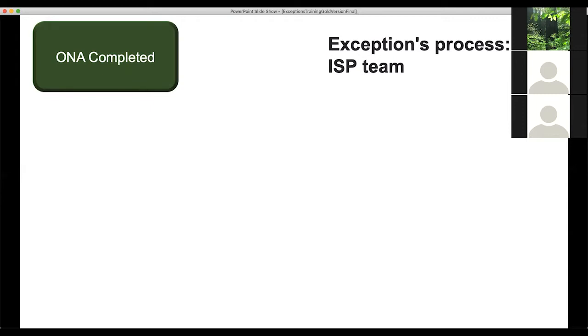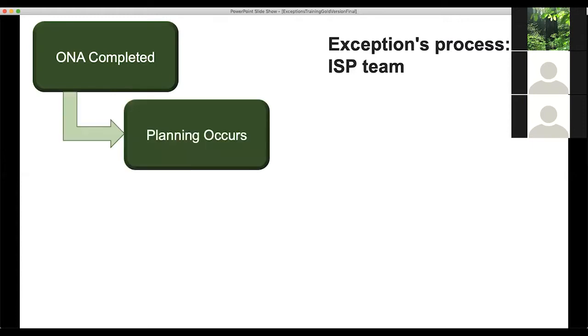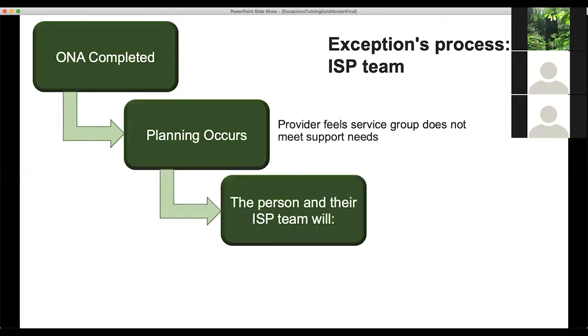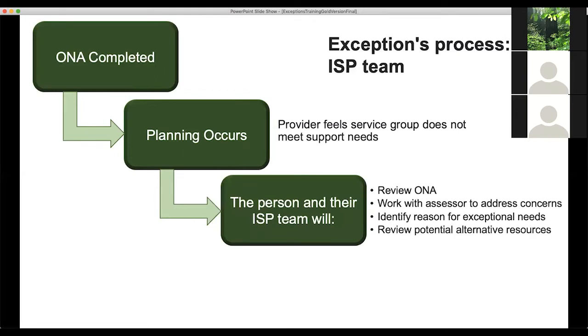Once that's affirmed by the team and they're looking at that planning component, we're saying, okay, we have the ONA, we are aware of what's available through that ONA, but we still have a gap in need for this person's support needs. We want to look at what the alternatives are, how we meet those needs. And if through that process we say, you know what, we still need an exception, that's where the team is then going to look at affirming steps and information, which is again reviewing the ONA, working with that assessor to make sure that things are accurately captured.